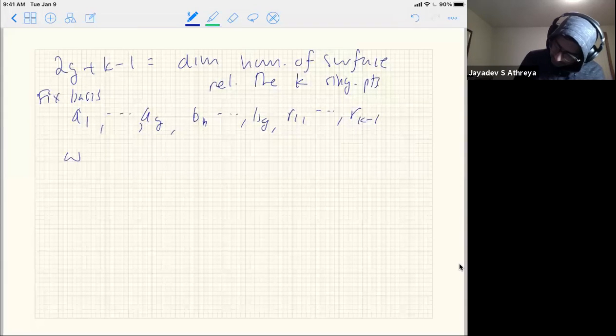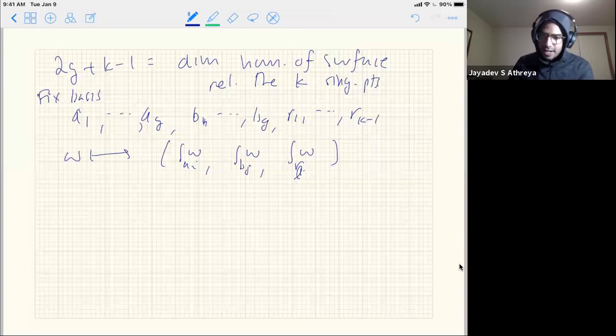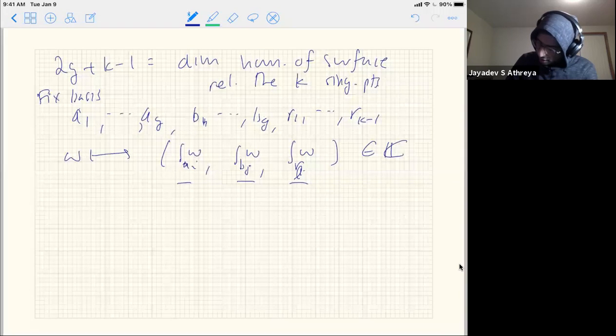omega goes to the integral of omega over A_i, the integral of omega over B_j, the integral of omega over R_l, where I, J, L is shorthand for: I consider all of the A_i's, all of the B_j's, and all of the R_l's here, right? So this is a vector in, if you like, C to the 2g plus k minus 1.